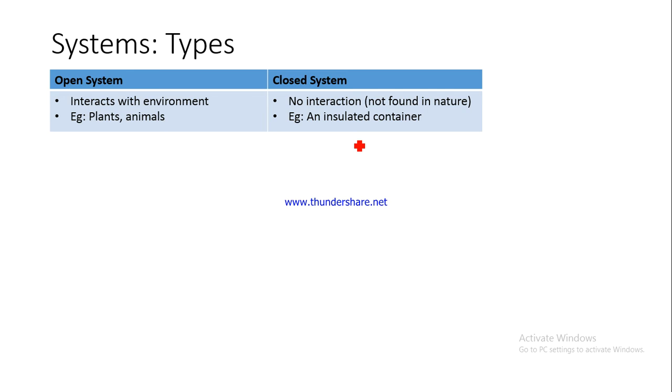Because once you have kept the hot tea in that particular insulated container, that thermoflask, what will happen? It will not lose any heat to the environment, and that is why the tea will remain hot even after 3 hours or 4 hours, right?